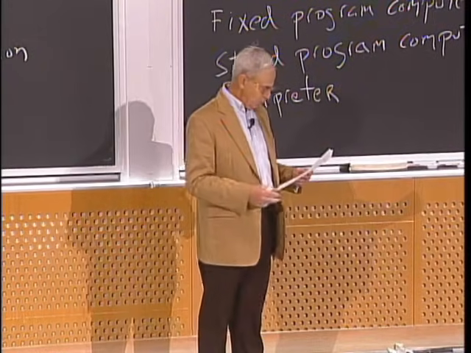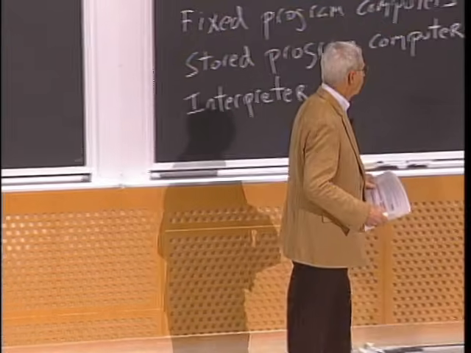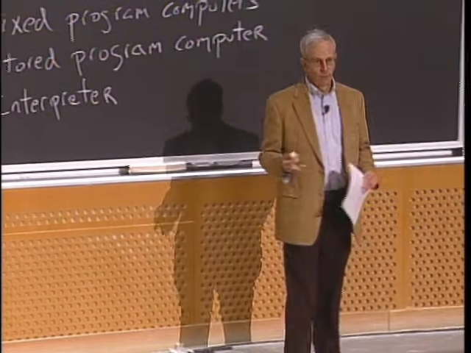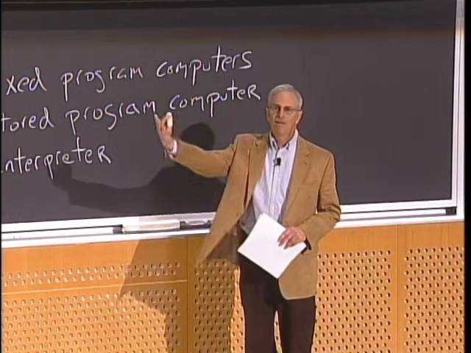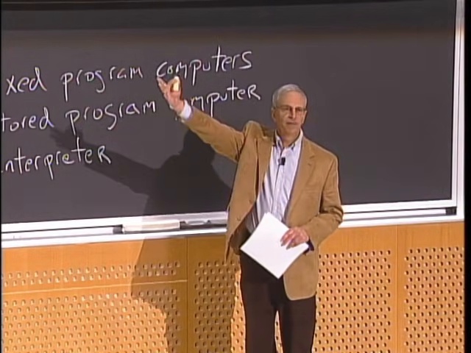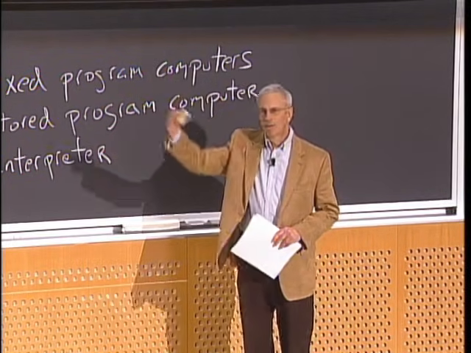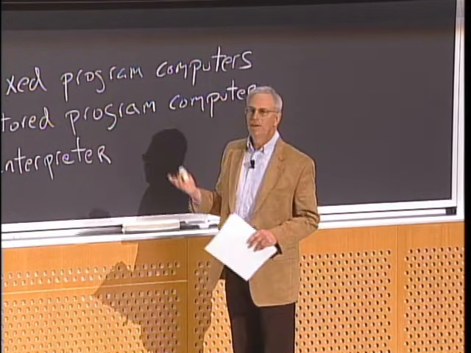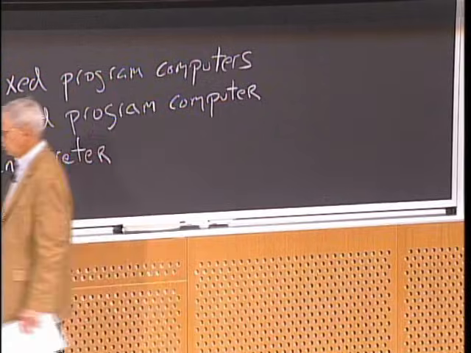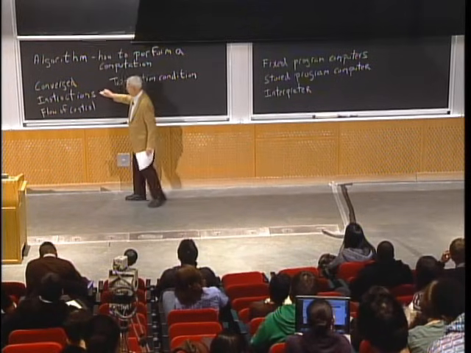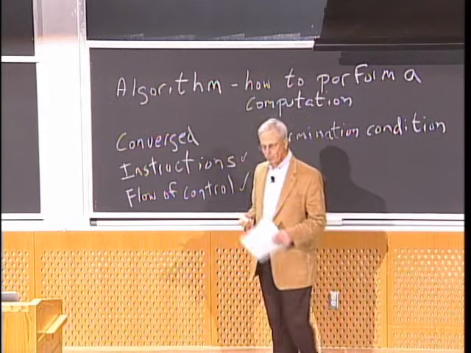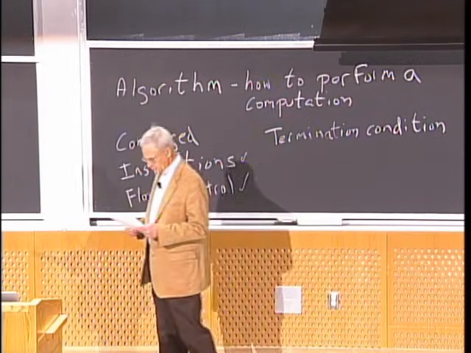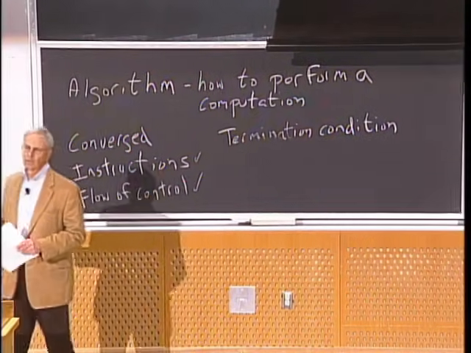So what instructions will you be using? Well, that's what a programming language does. So a programming language provides a set of primitive instructions, a set of primitive control structures, so instructions and mechanisms for controlling the order in which they get executed, and that's all.